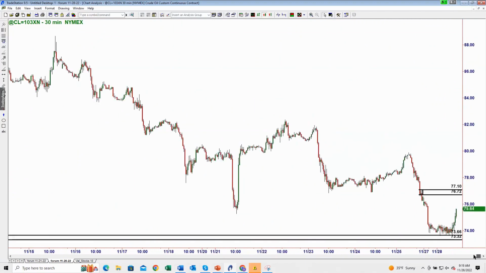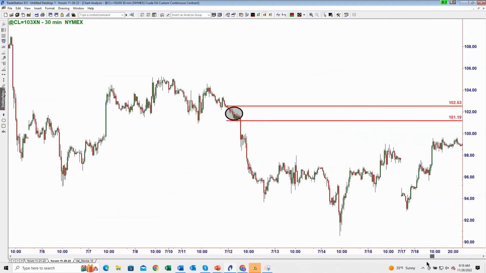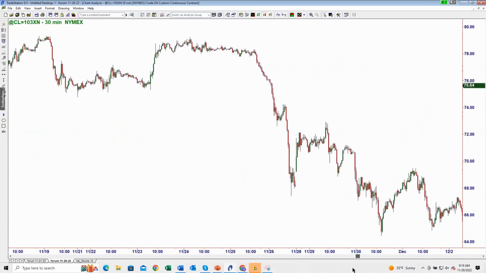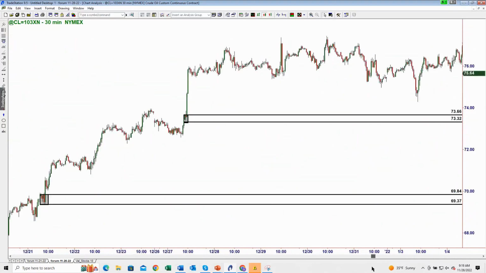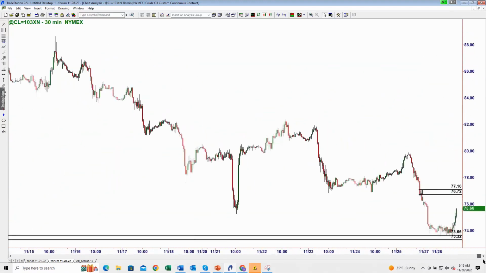I can take you back to the 74 demand. There it is, I believe, the 73.66. You can see good structure, good location. And you can see price just flew out of there, so that suggested a big imbalance. Anyway, price turned there and is now approaching the 76.75 supply zone.